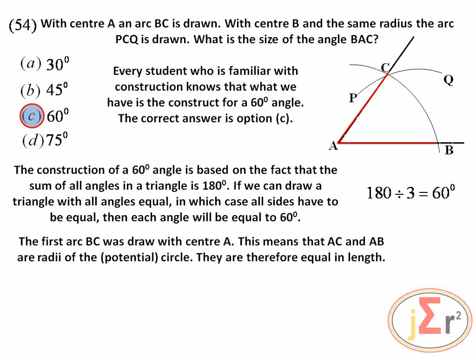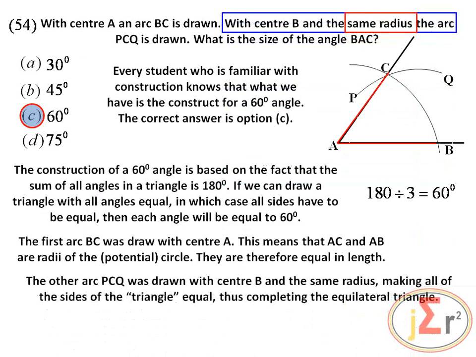We are drawing a circle with center A, and we are sure that the distance from here to here is equal to the distance from here to here, because these distances will be radii of the circle.